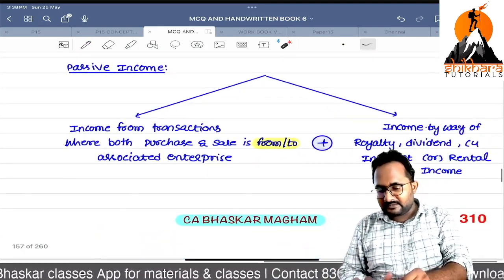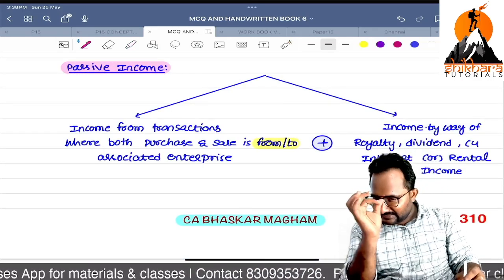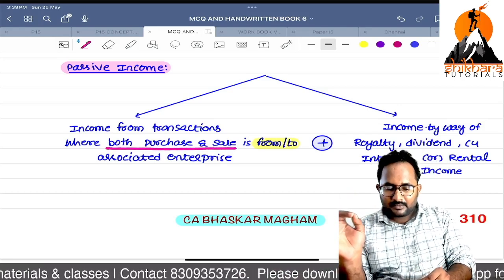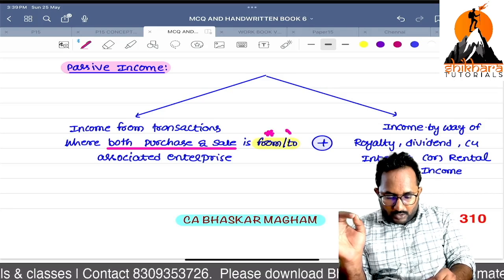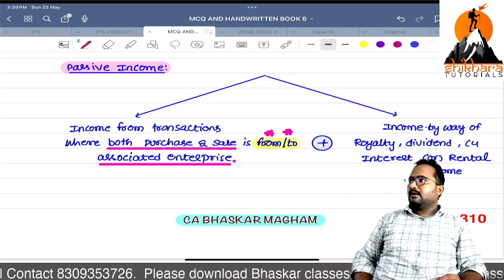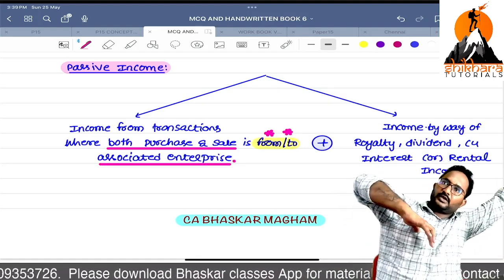Passive income means income from transactions where both the purchase and the sale are from or to an associated enterprise. I will tell you simply. I am purchasing from the associated enterprise and selling also to the associated enterprise.